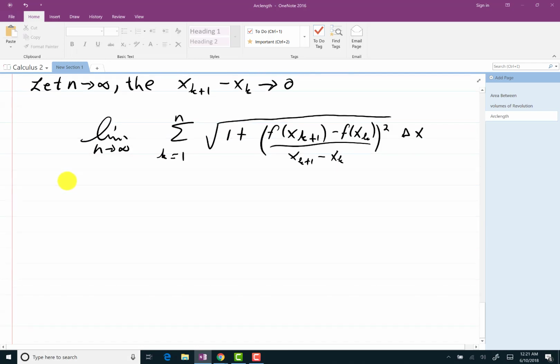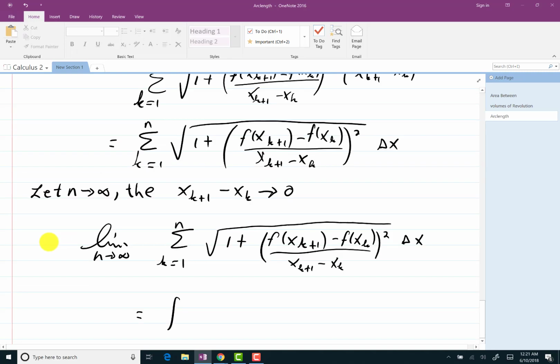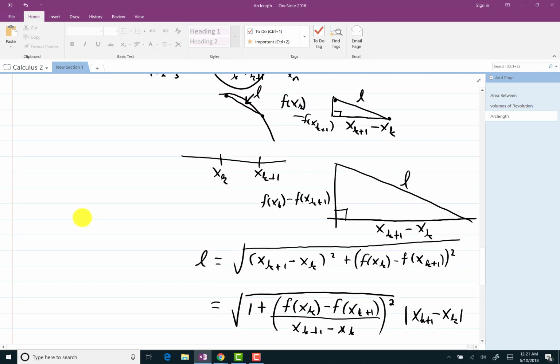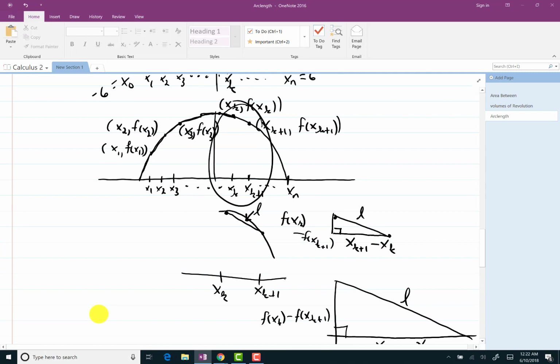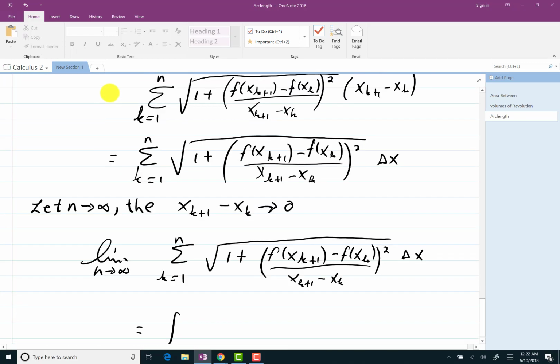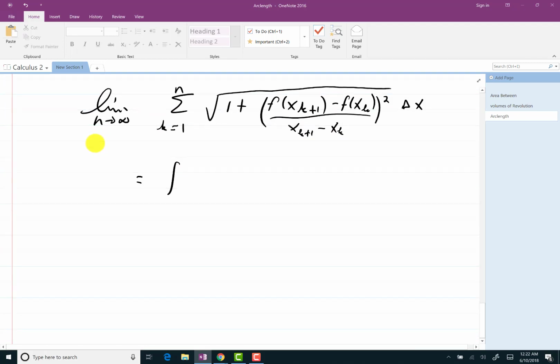This will be the integral from a to b, which in this problem, where did this thing start? This thing started at -6, and it ended at 6. So we have -6 to 6, and this is the part I was telling you about.